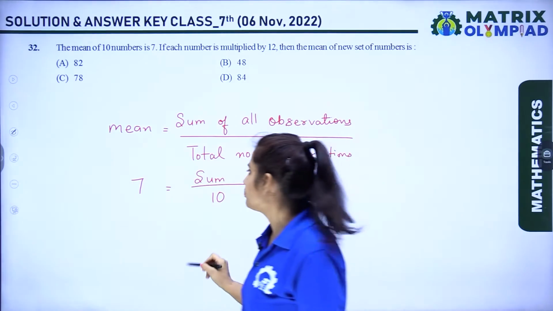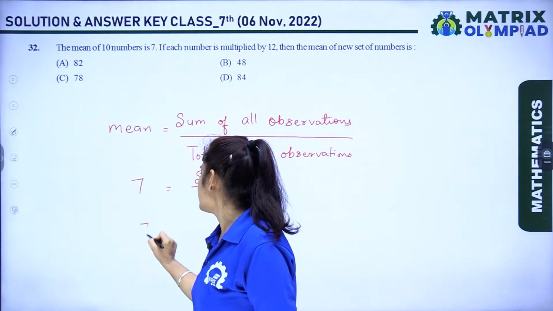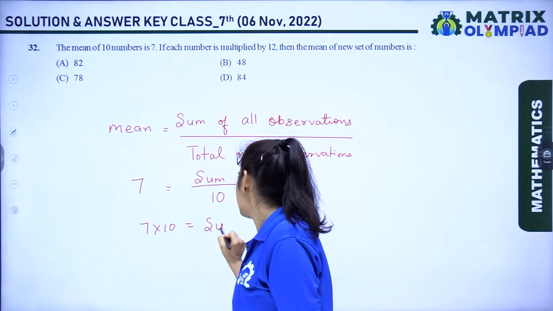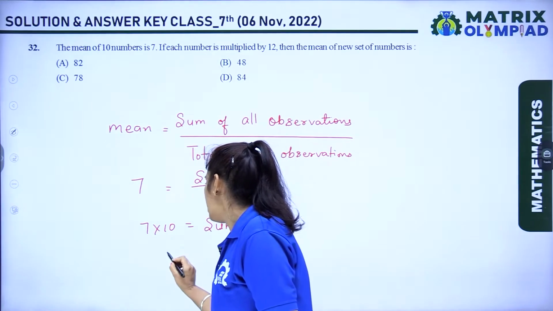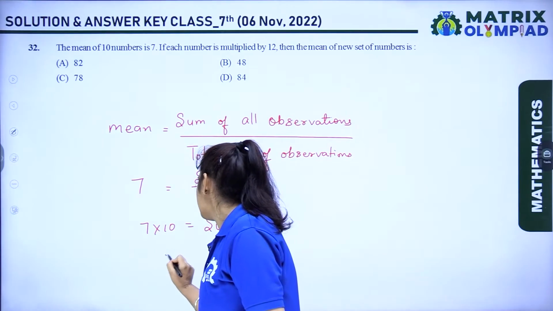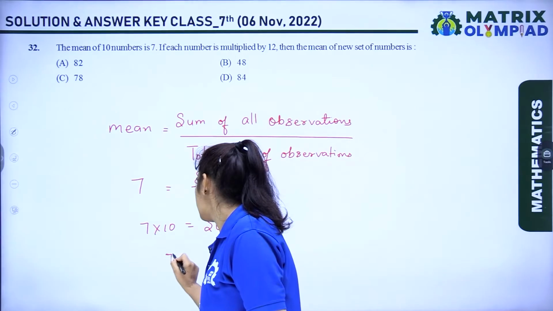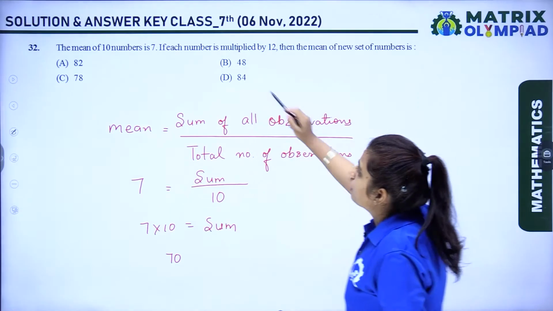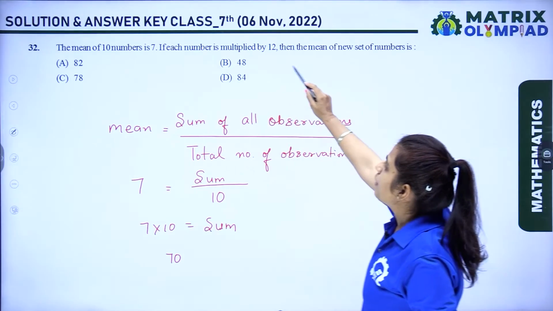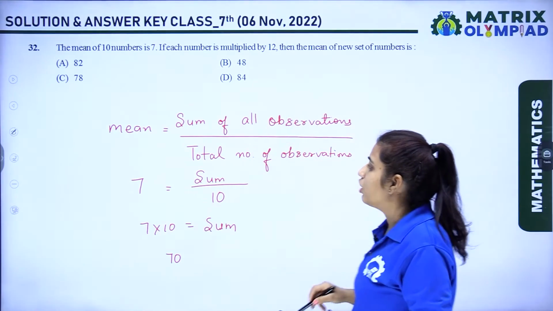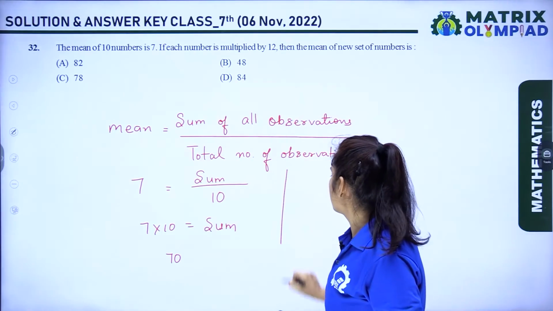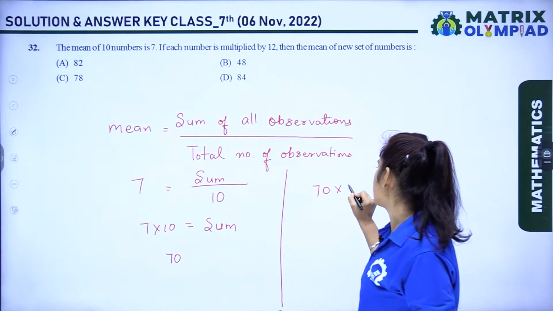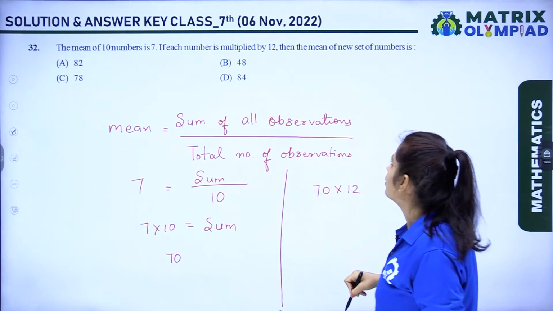We are not given the sum of all the observations. So the sum of all observations is 7 multiplied by 10. Now the sum of 10 observations is 70. Now if each number is multiplied by 12, for the new mean, we are going to multiply 70 by 12.